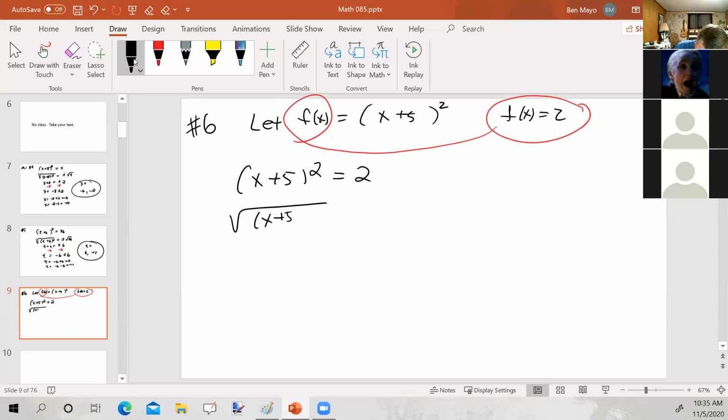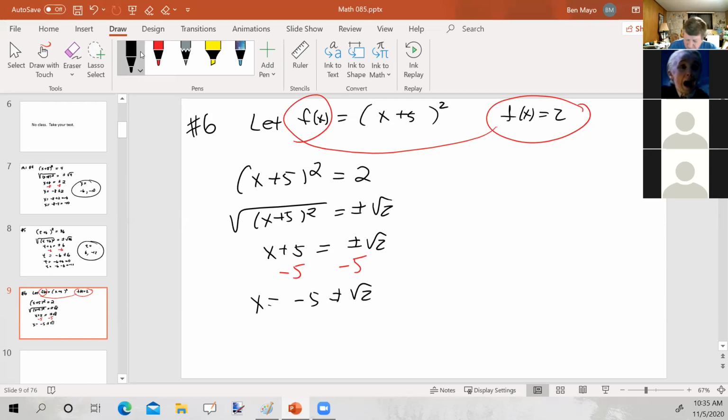We'll take the square root of both sides of the equation. And we'll get that. We'll subtract 5 from both sides. So we get x is negative 5 plus or minus the square root of 2. So x equals negative 5 plus the square root of 2, comma, negative 5 minus the square root of 2.